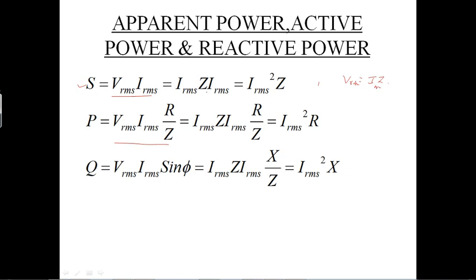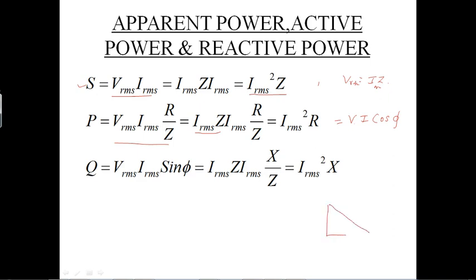So IRMS into Z into IRMS, IRMS squared into Z, is one relation. Then for P, you have the equation VI cos phi. Earlier we wrote that equation, whereas we can write V to be equal to IRMS into Z, and I is again IRMS.